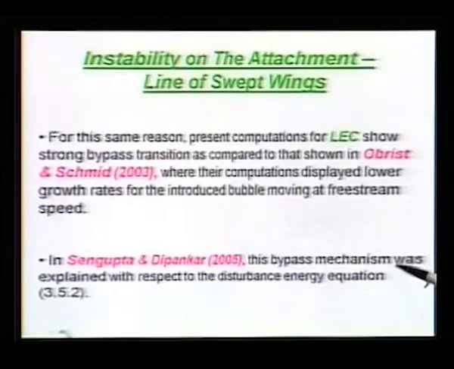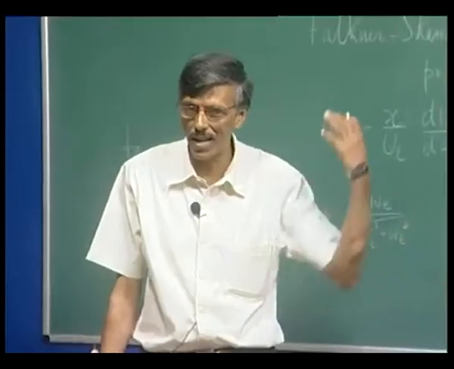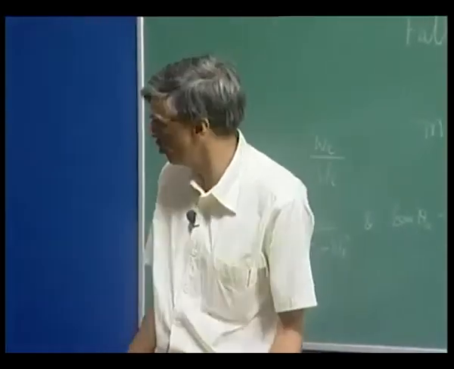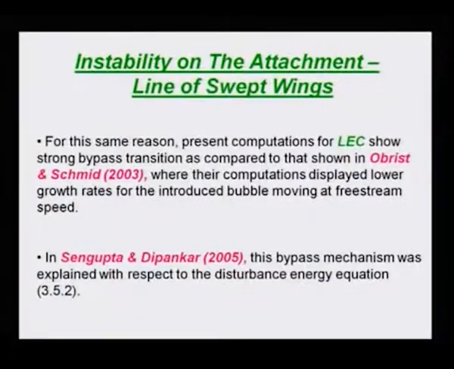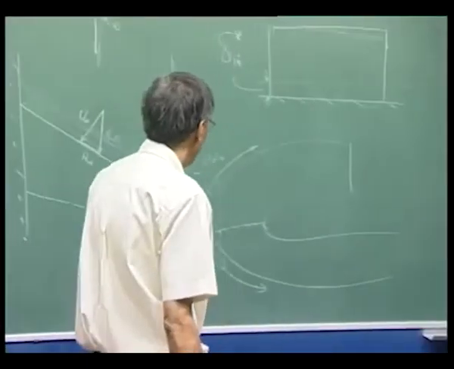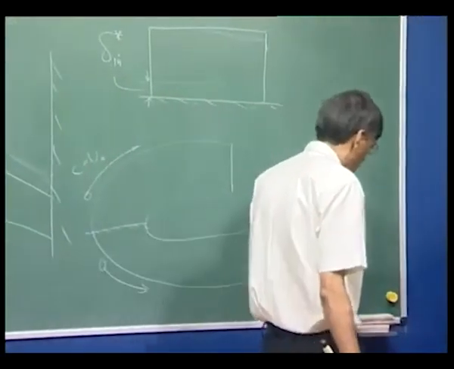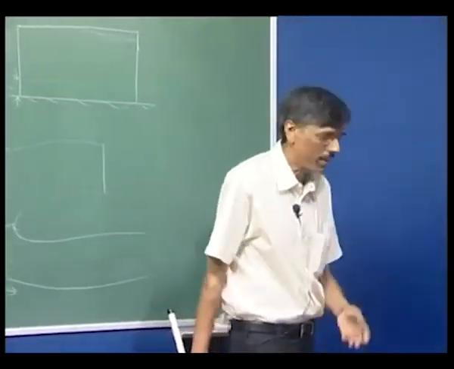We can actually explain what we did. It was in the attachment line plane itself, and we can show that disturbance energy does get created significantly if you do convect the vortex which is not going at this speed. So, I think we will stop here and we will take up from this point in the next class.